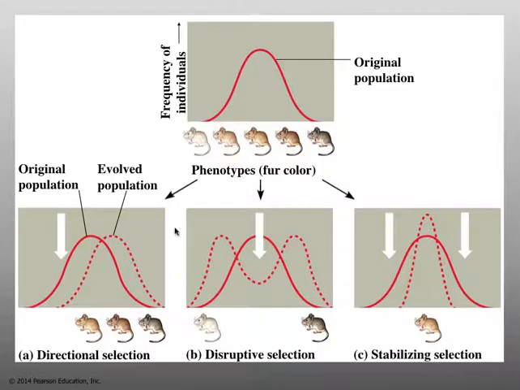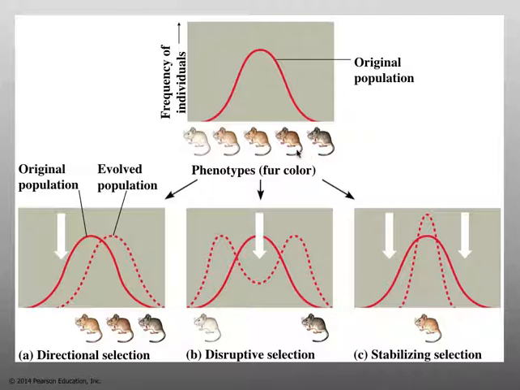Here is an example of that. Here's our population originally. We have a light mouse varying all the way to a dark mouse. If we were in a dark environment, directional selection would occur, where only the dark mice would survive because they could hide easier.